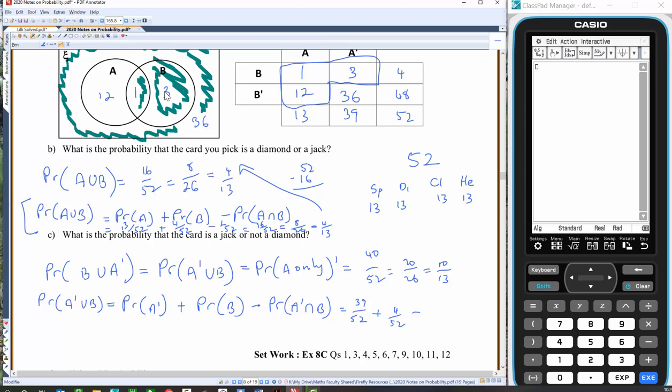Ooh, I can see I'm about to get something wrong here. 39, 43, take away not A and B. No, I'm not going to get it wrong. Not A and B is B only, which is take away 3 in 52, which is equal to 40 out of 52, which is equal to, as we found out earlier, 10 over 13.